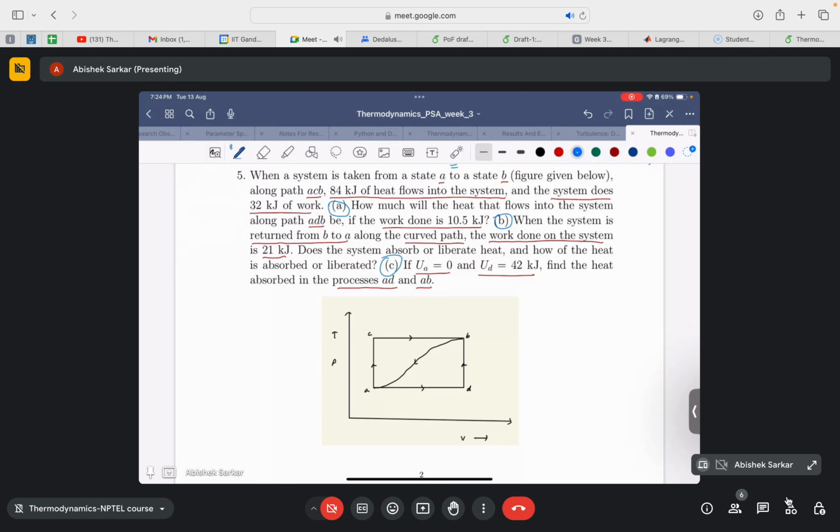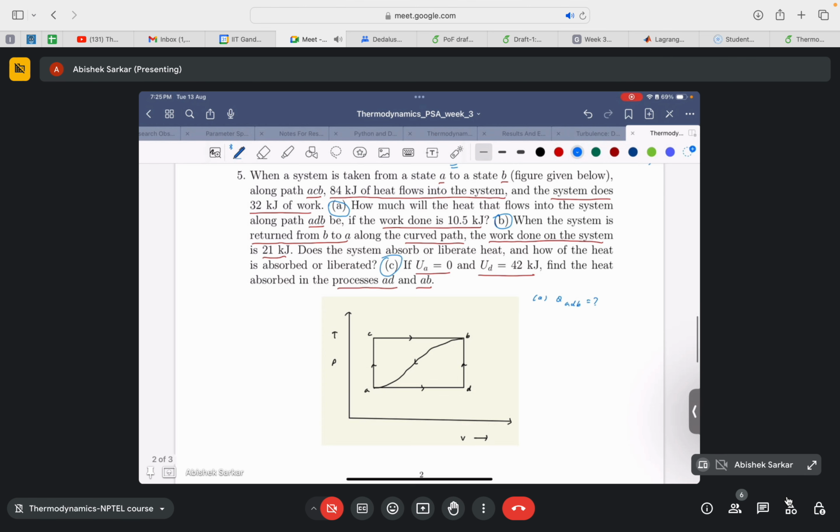So for part A, you need to find W_ADB. Okay, you need to find W_ADB. Oh, sorry, Q_ADB. I'm extremely sorry. It will be Q_ADB. Right.